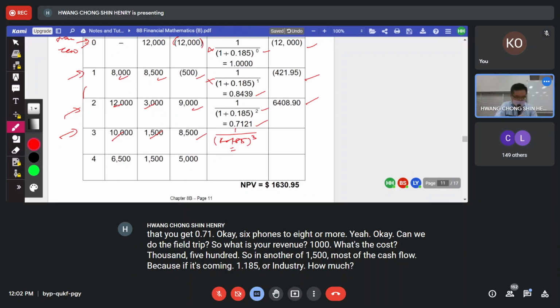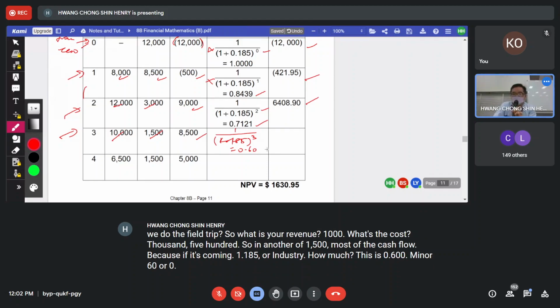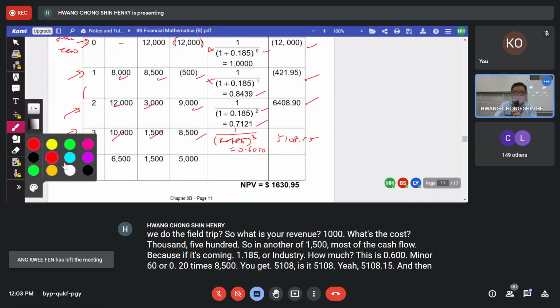Is it 0.6010? So you times 8,500. You get 5108. Is it 5108? Here, 5108.15.